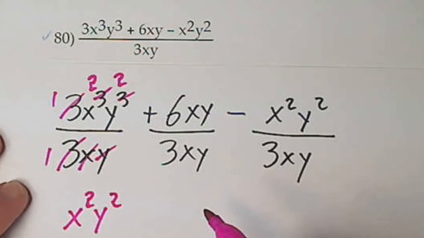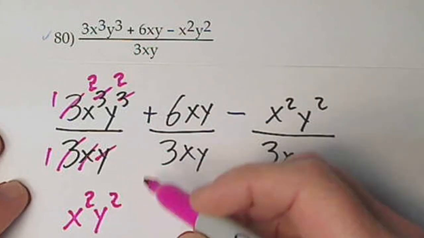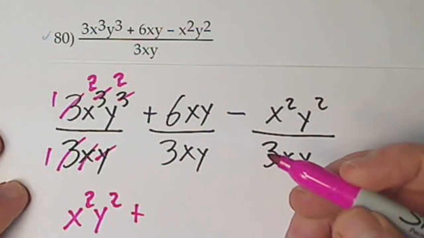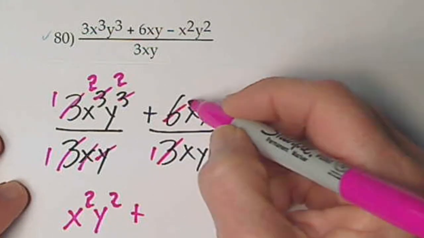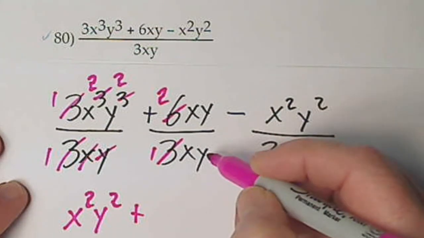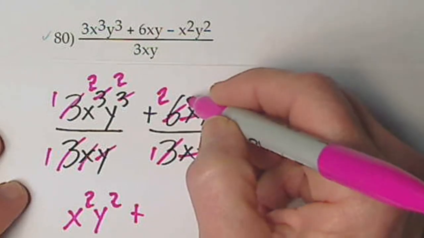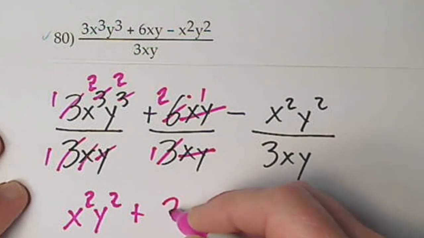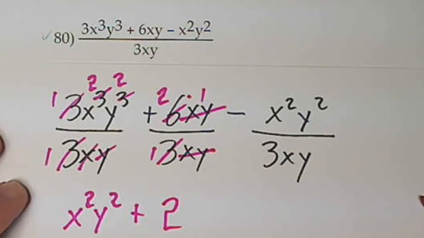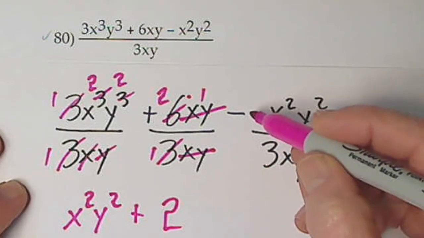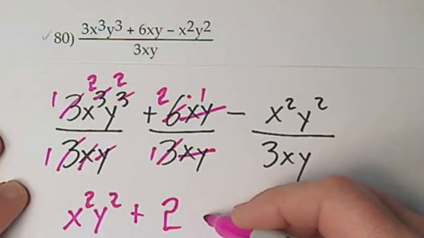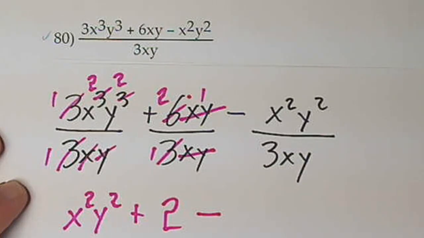All right, that's our first term. This next term is going to be positive. 3 goes into 3 once, 3 goes into 6 twice, and xy goes into xy 1 time, so that's 2 times 1, or simply 2. All right. And then this is negative divided by a positive, that's going to be negative.